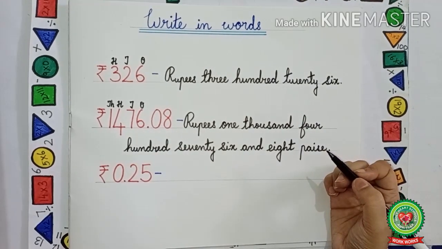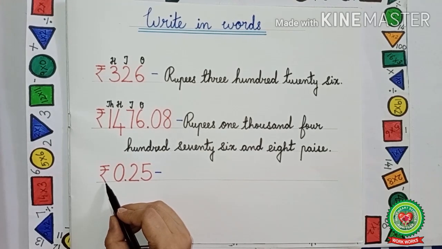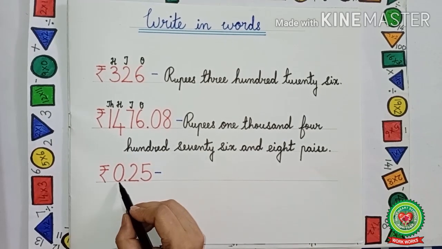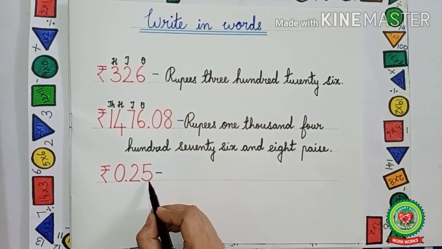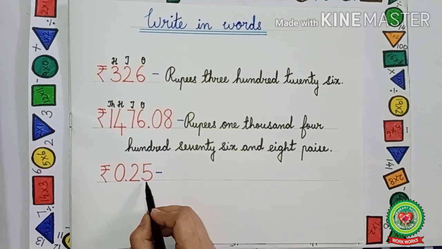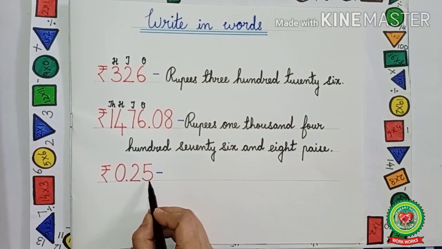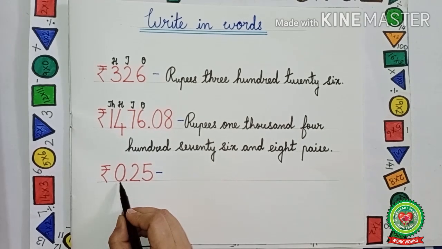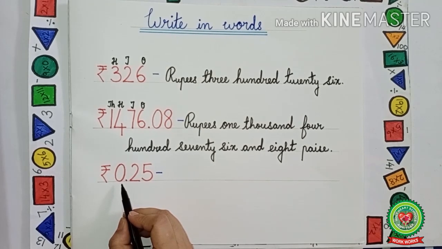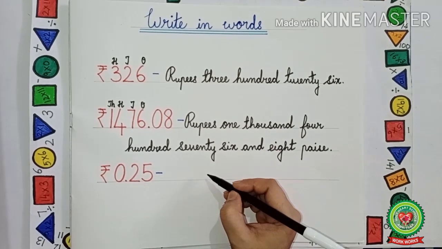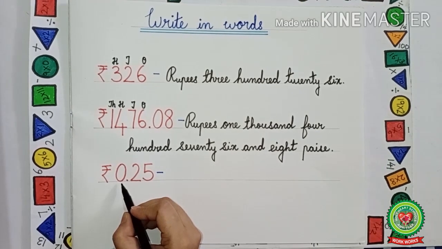Now let us look at the next example. Now again over here, look, the symbol of rupees is given. 0 is written, then a point is there, and then again 25 is written over here. As we know that paise has 2 digits, so 25 paise is written over here. Now, but can you see that for rupees it is written 0. 0 means nothing is there. So over here also, when we will write it in words, we do not need to write it rupees 0.